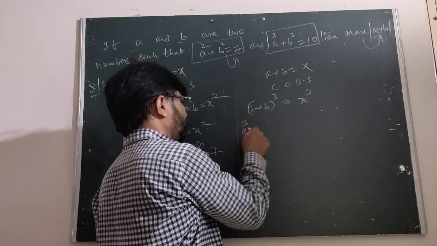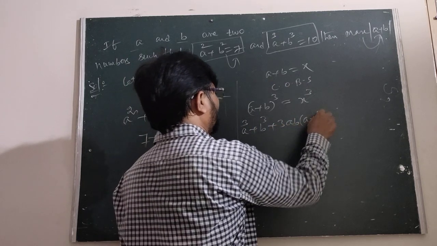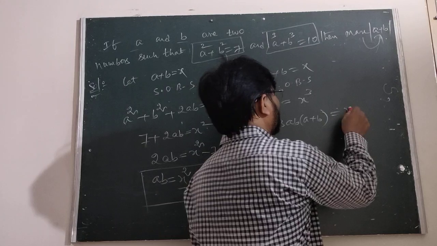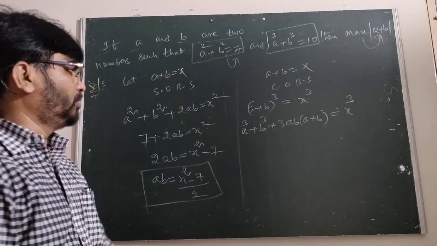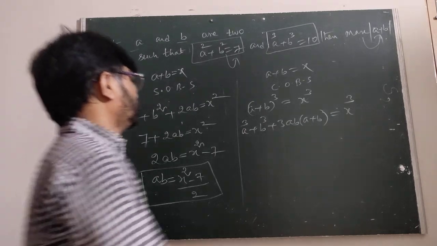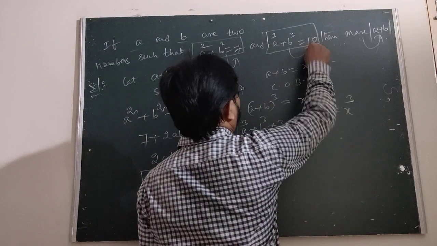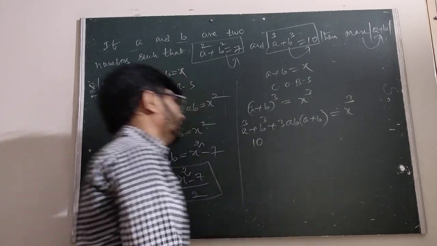Now this is A cube plus B cube plus 3AB into A plus B equal to X cube. A cube plus B cube is the value 10.